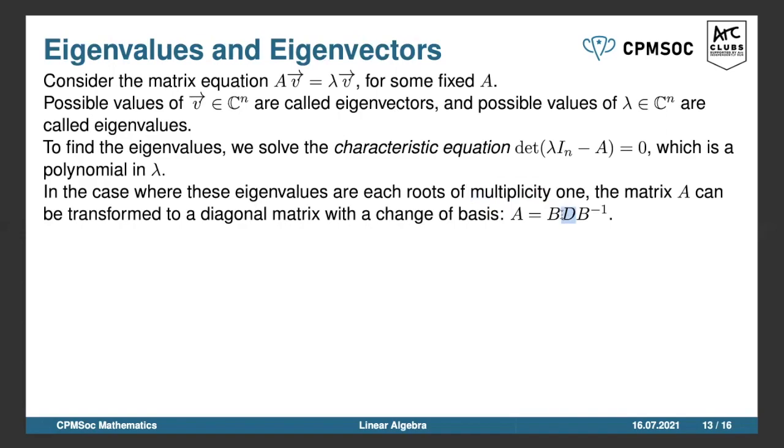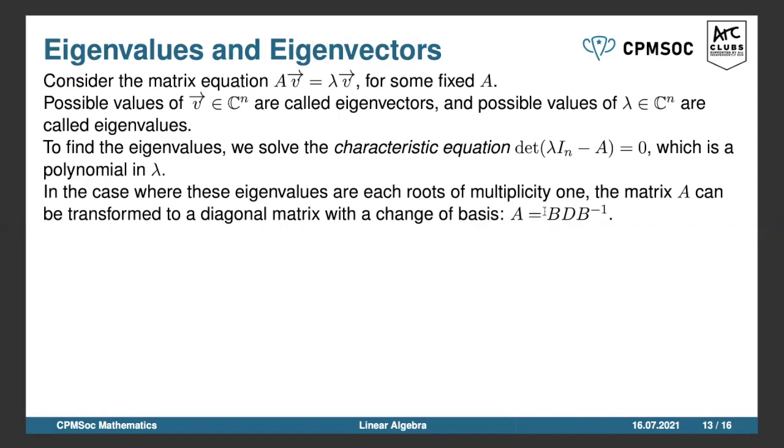And because of this nice scaling property, the matrix in the new basis is actually going to be a diagonal matrix. So we can change our basis into the eigenbasis, represent this matrix as a diagonal matrix, and then change back out again to get back A in the canonical basis.